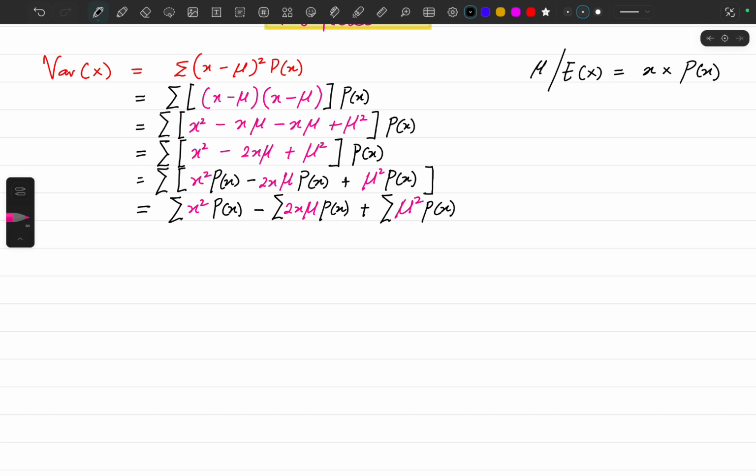Now we'll take this and work on this one after the other, and to do this I'm going to have to first work on this individually. But before we work on this, if you look at the right hand corner of the screen, you will notice I put in the mu, or the expected value, equal to x multiplied by probability distribution of x.